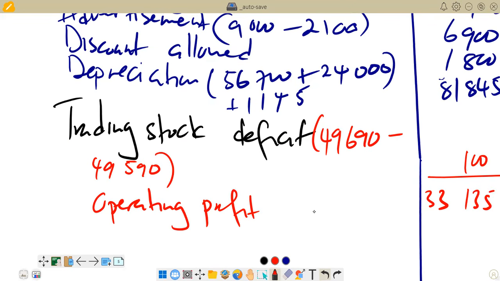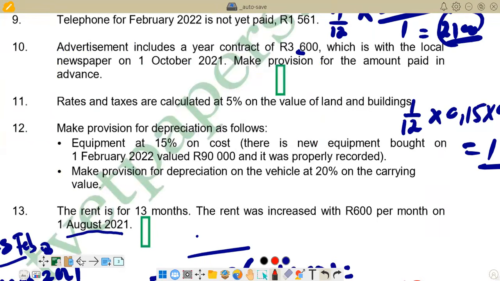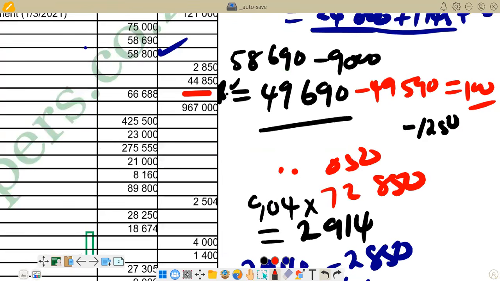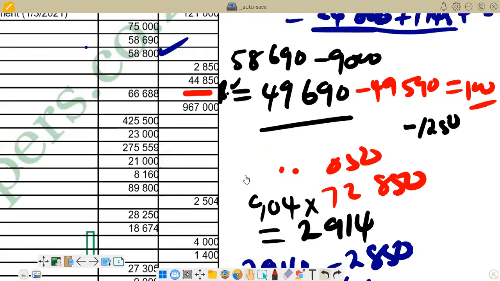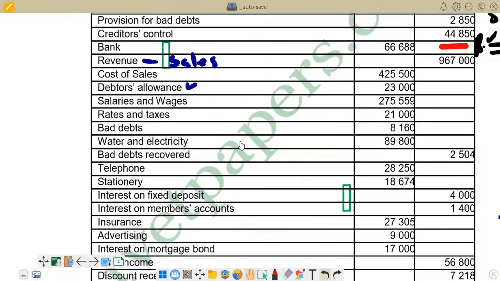Then after that, that's when you are going to add interest income. And this interest income, we have got it in the question. We go back to the question there. Those are the ones that we skipped at that time. We can go back and recheck those figures. We've got interest on fixed deposits.